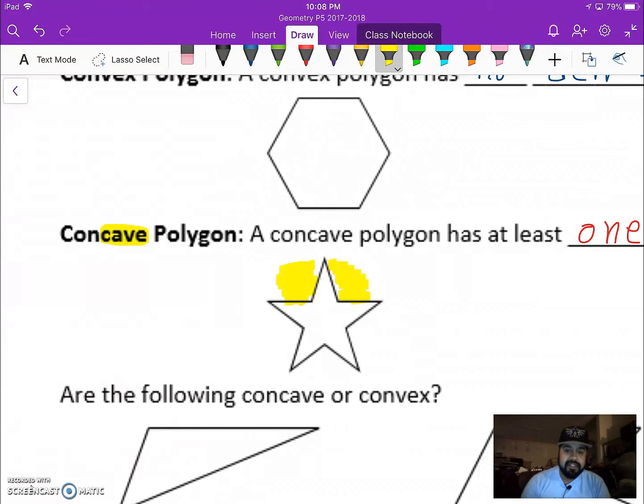Right here is another cave. And for this shape in particular, there are 5 caves for the bear to sleep in. Another way to show this, which I was using earlier: if I place a point here, I cannot draw a straight line to every single point in the shape without leaving the shape. Right here, I would break that rule. Therefore, the shape is not convex, it is concave.